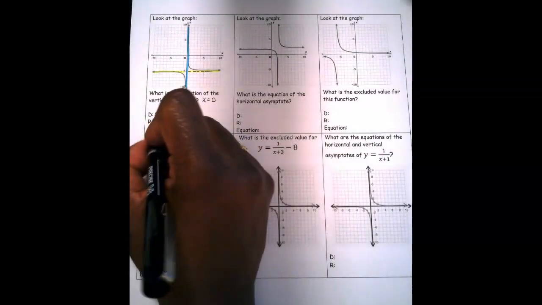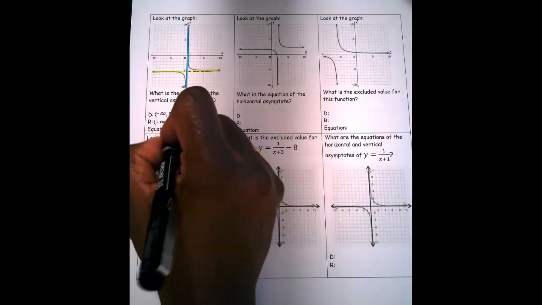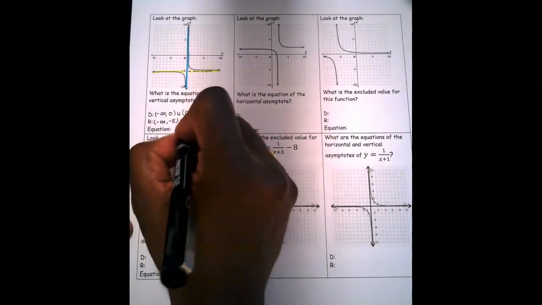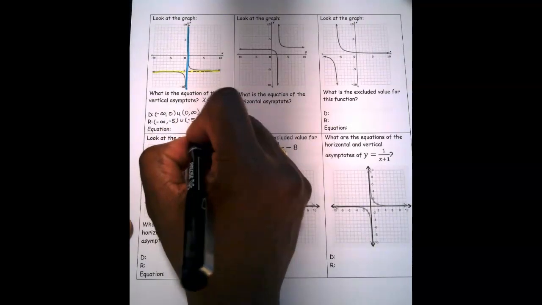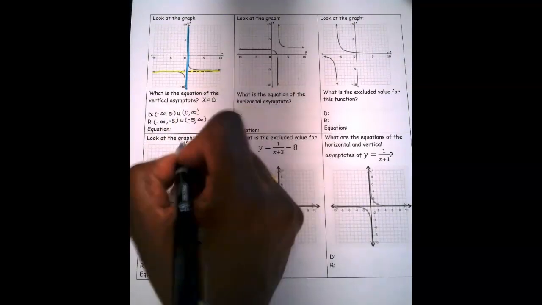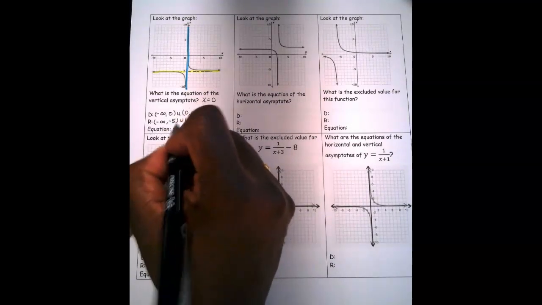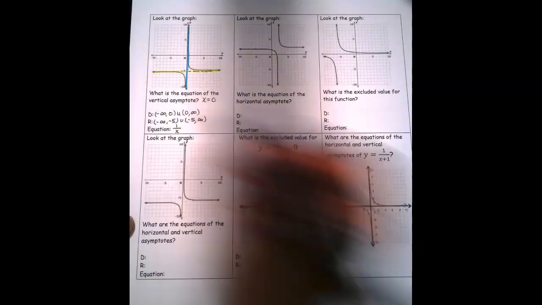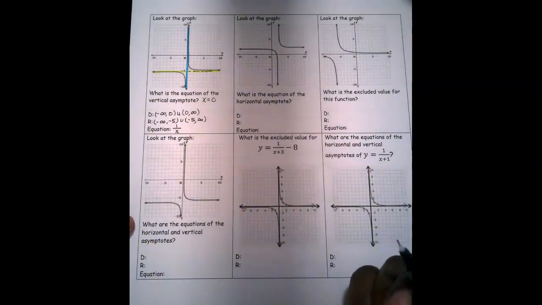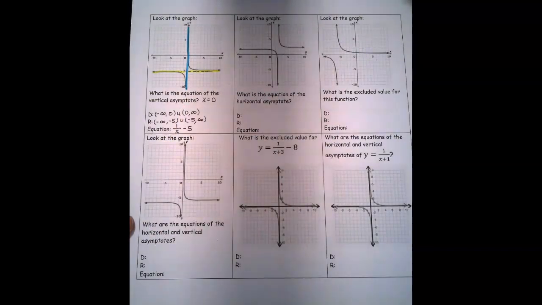So then our range would be from negative infinity to negative 5 or negative 5 to positive infinity. And the equation, well, we didn't have any left or right movement, so it'd just be 1 over x, but the function did drop down 5, so we would subtract 5.